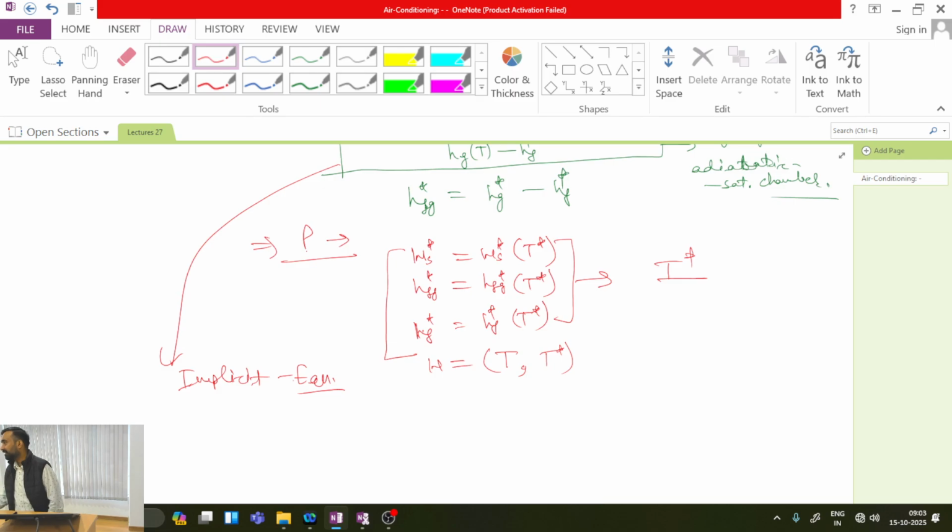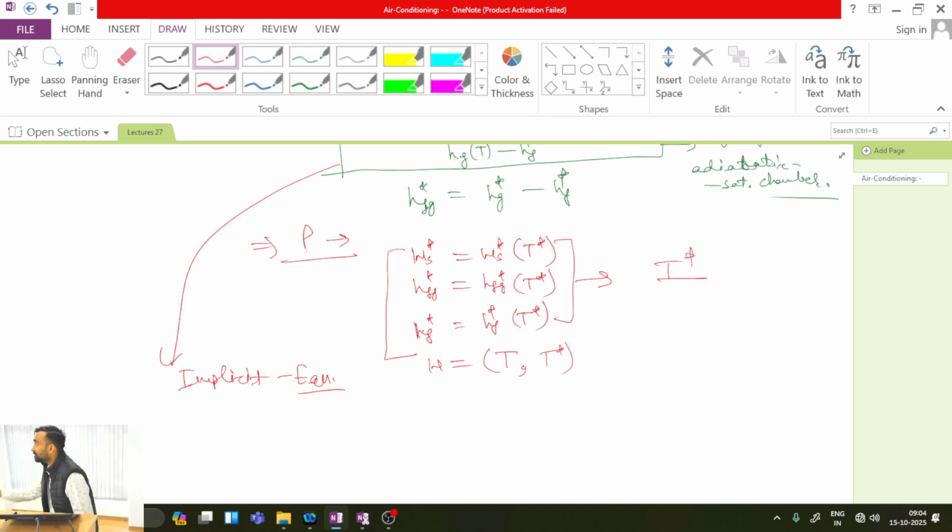That's why it's an implicit equation for T star. To solve it, you need an iterative method. Guess some value of T star, calculate all these parameters, substitute, and check if the equation is satisfied. If it is deviating, move in the positive or negative direction depending upon the residual. This way we can iteratively solve it.